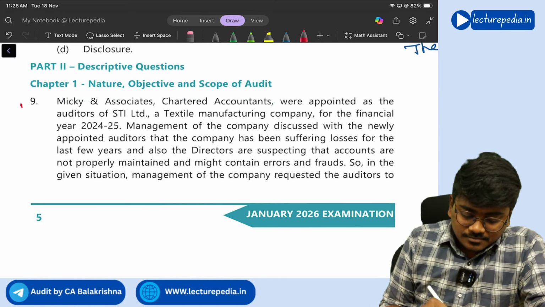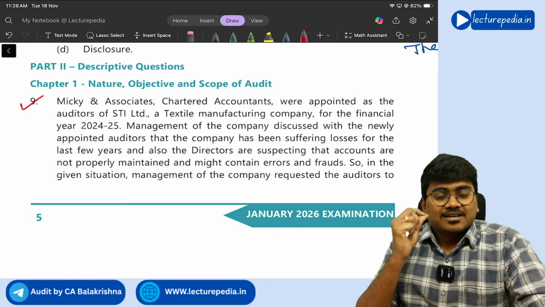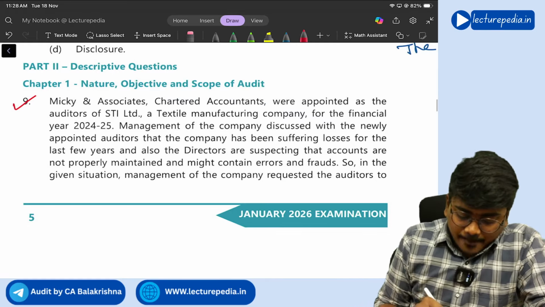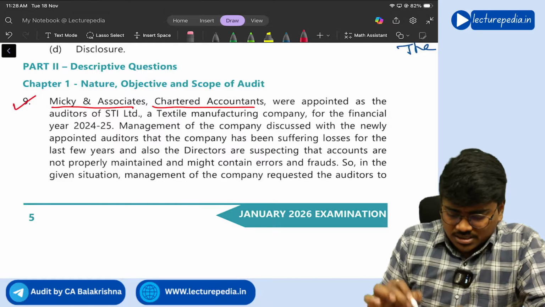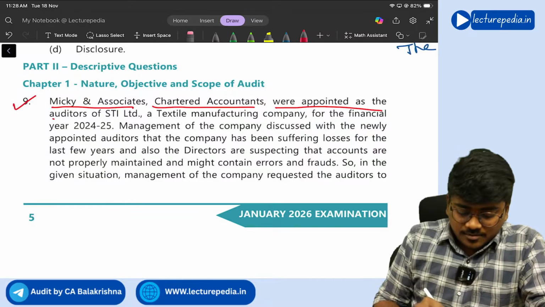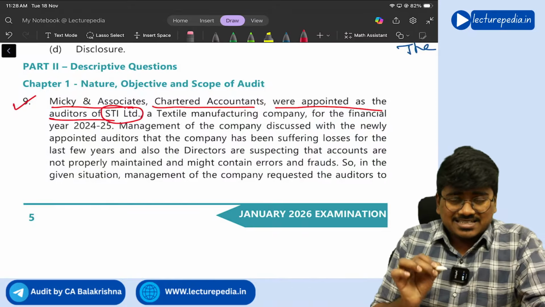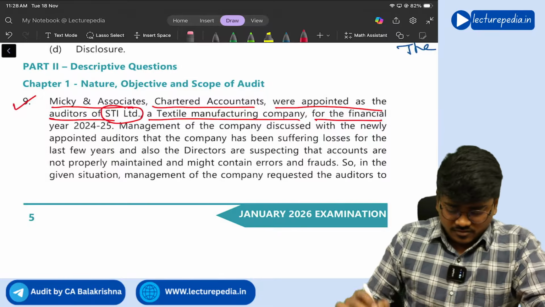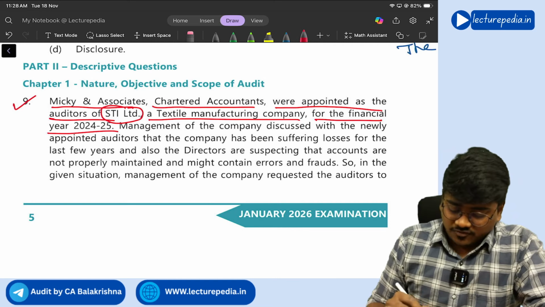Next. So starting with the theory questions. First theory question. Mickey and Associates Chartered Accountants were appointed as the auditors of STI Limited, a textile manufacturing company, for the financial year 24-25.